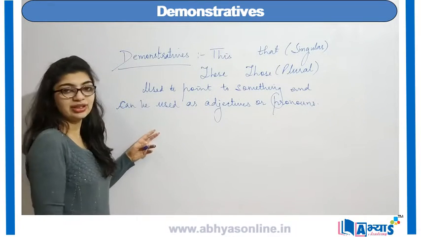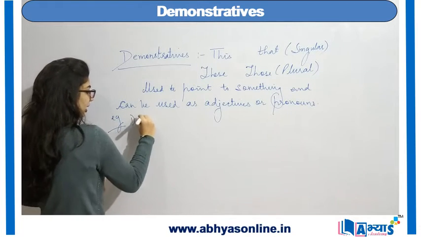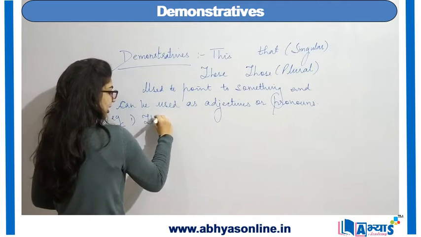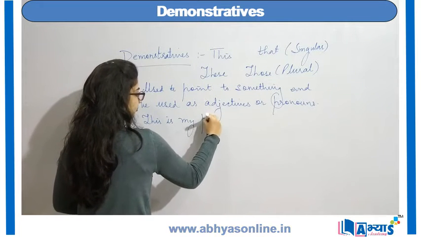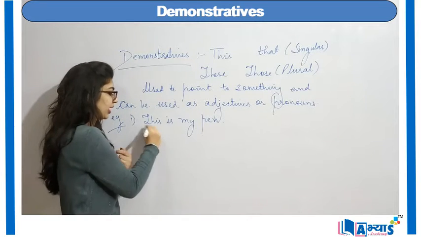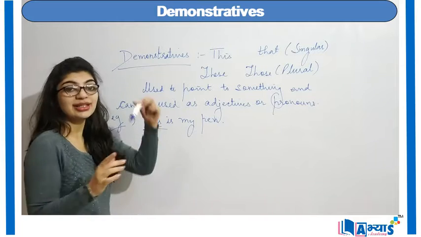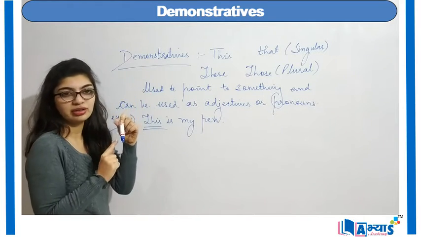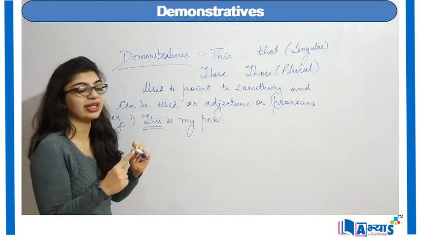Now, example can be, this is my pen. Here I am pointing to something saying that this is my pen, or I can say this is my marker. So I am pointing to my marker and then I am speaking.